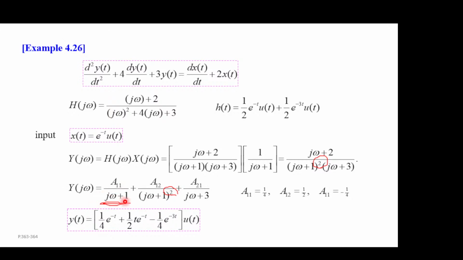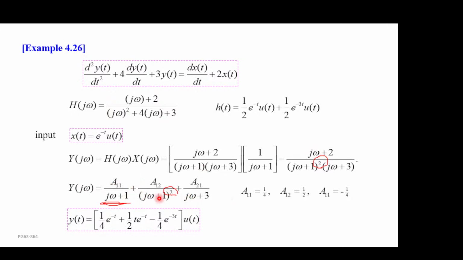So you have a j omega plus 1 term and a j omega plus 1 squared term, and you have three coefficients: a11, a12, a21, or you can just think A, B, C. Every one of them has a constant coefficient, and you need to find a way to solve them.